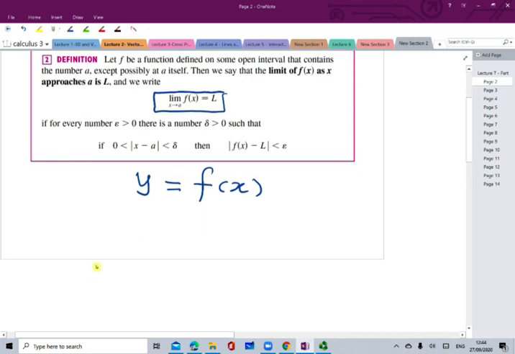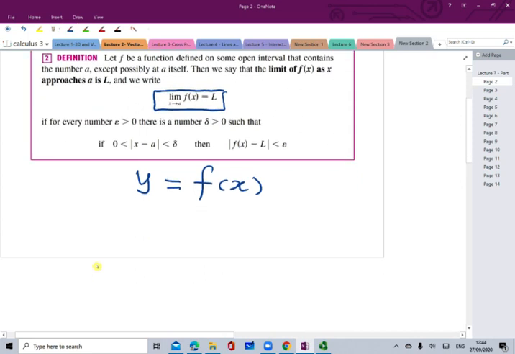Or alternatively, I could write it like this: there exist small values delta and epsilon such that if 0 is less than the absolute value of x minus a, which is less than delta, then the absolute value of f of x minus L is less than epsilon.